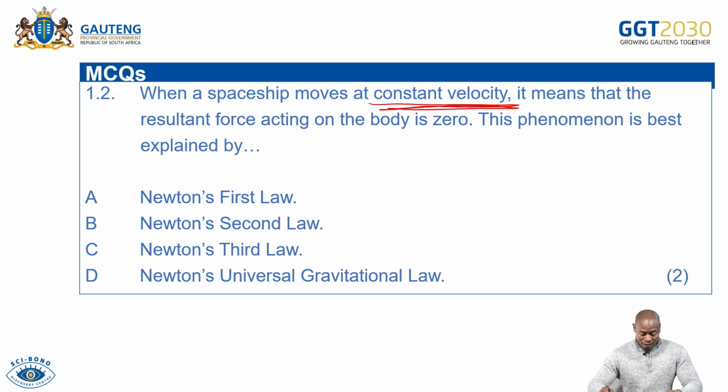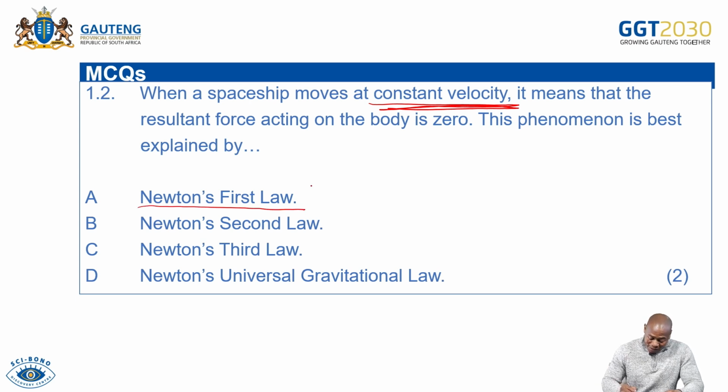Newton's first law in words states that an object will remain in its state of rest or motion at a constant velocity unless a non-zero resultant force acts on it, or a non-zero net force acts on it, right? So an object will remain in its state of rest or motion at a constant velocity unless a non-zero net force or a non-zero resultant force acts on it, right?